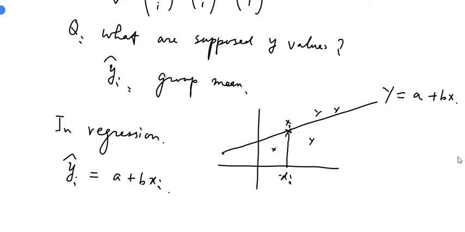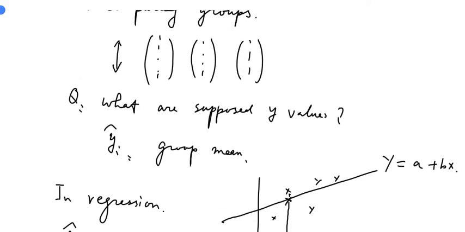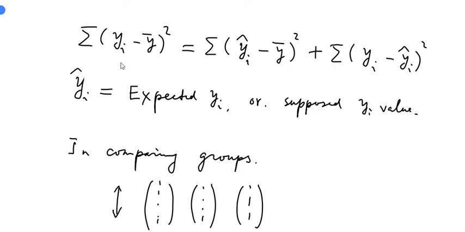Okay. So ANOVA is just like this: we take yi minus y bar. So this is the values for the original y. We split it into this part plus this part. We call this part SSE, so yi minus yi hat is L, right?